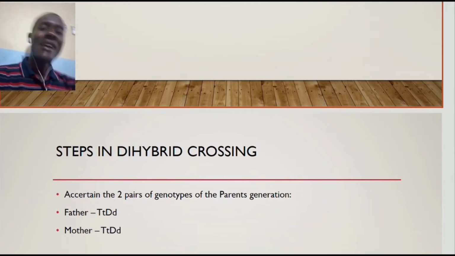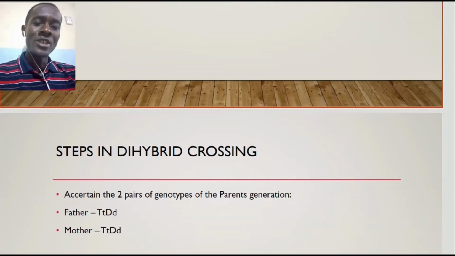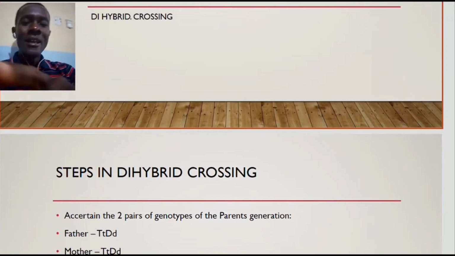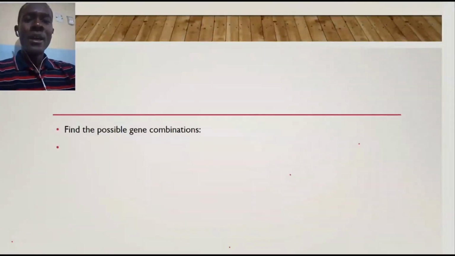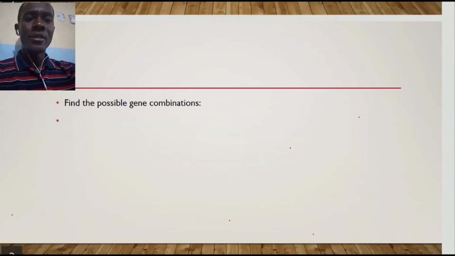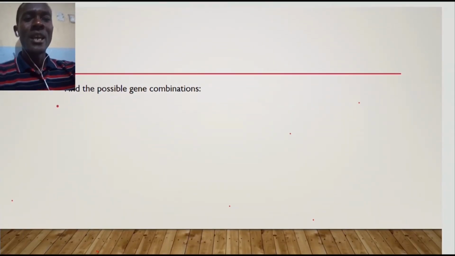So your first step in dihybrid crossing is to ascertain the genotypes of the parent generation, as you can see. Then the next step is to find the possible gene combinations.